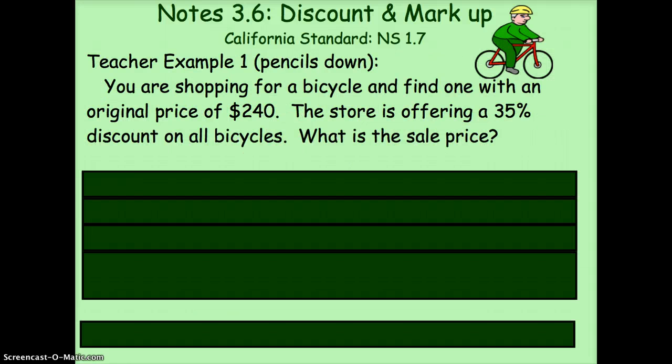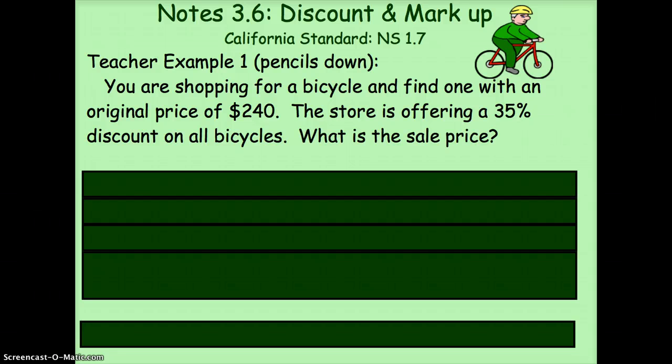Okay, let's take a look at the first teacher example. You are shopping for a bicycle and find one with an original price of $240. The store is offering a 30% discount on all bicycles. What is the sale price? So again, the original price was $240, and you want to find out what 35% of $240 is. The key word there is of.